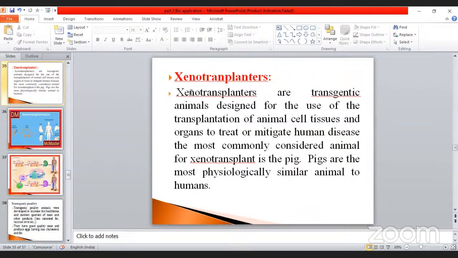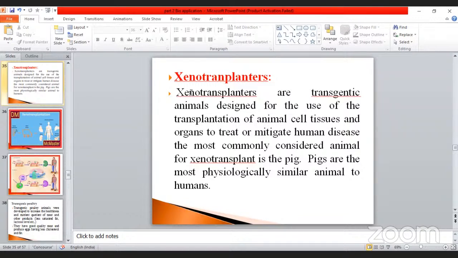Kidney failure, sometimes they took from the goat. Liver, pancreas, likewise we will take the organ from any one of the animals and transplant it into the human body. That is called xenotransplanters.